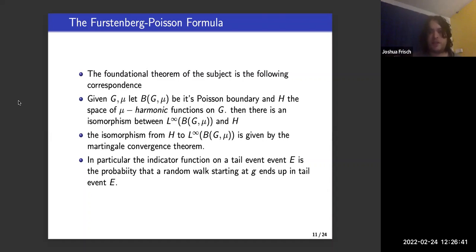It turns out these are the same things. Having a non-constant bounded harmonic function will give you a non-trivial Poisson boundary, and vice versa, having a non-trivial Poisson boundary will give you a non-constant bounded harmonic function. And these, a priori, at least to me, look like completely different things.